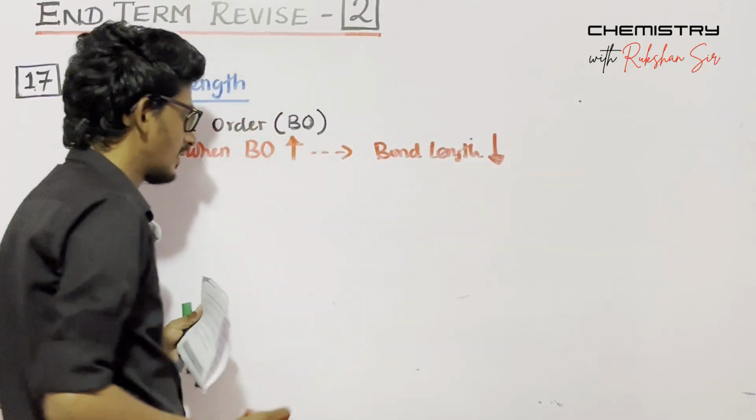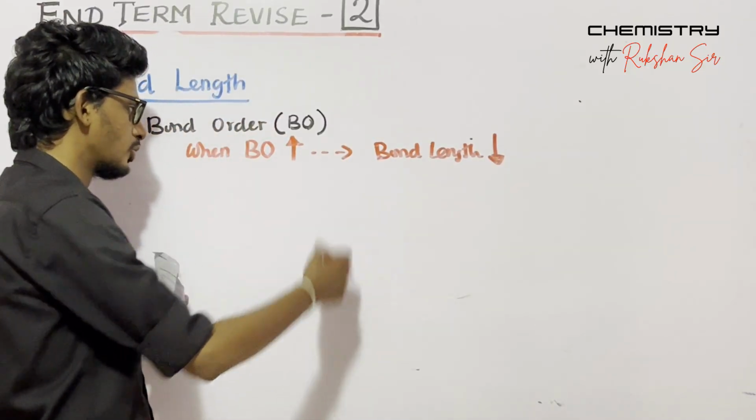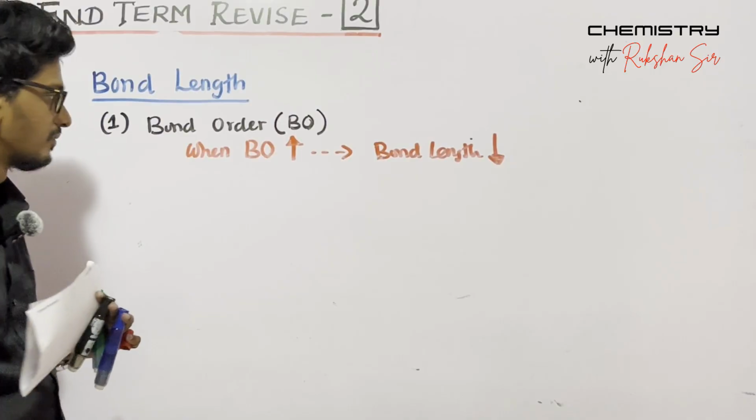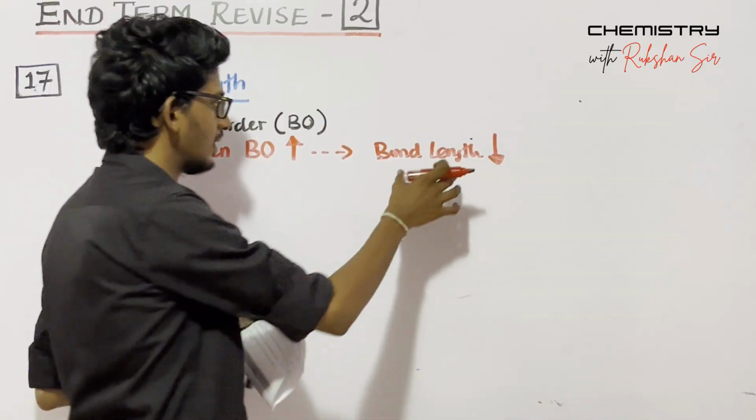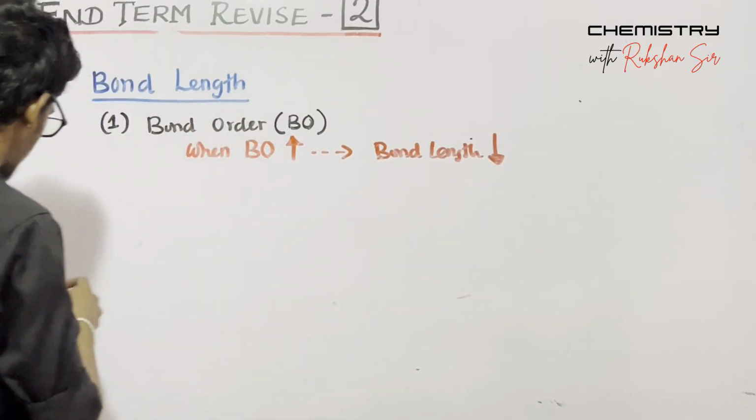Triple bonds are shorter than double bonds. Double bonds are shorter than single bonds. When you have more bonds between the two atoms, the bond length is shorter. That is the first factor.